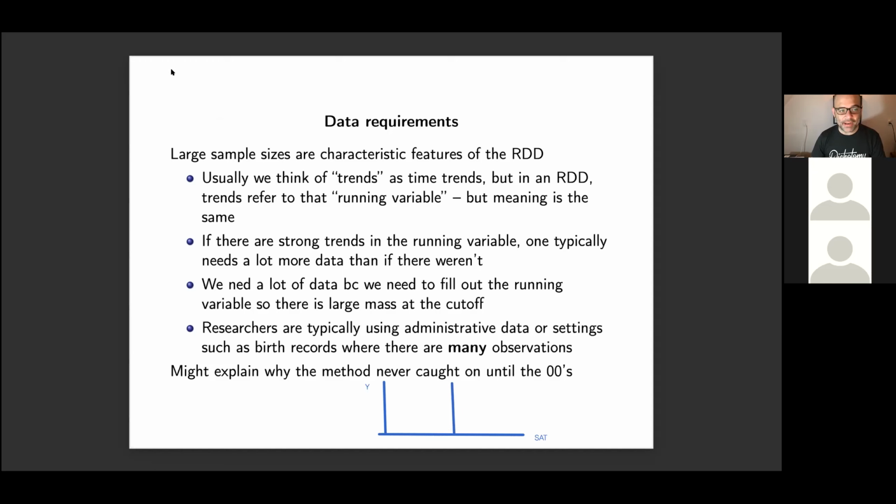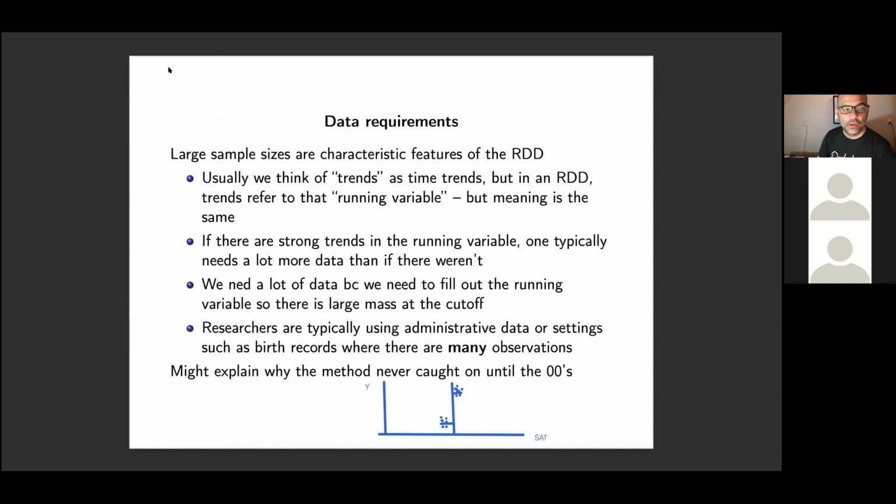Technically, we just need data there, because mostly what we're going to do is estimate effects right there.